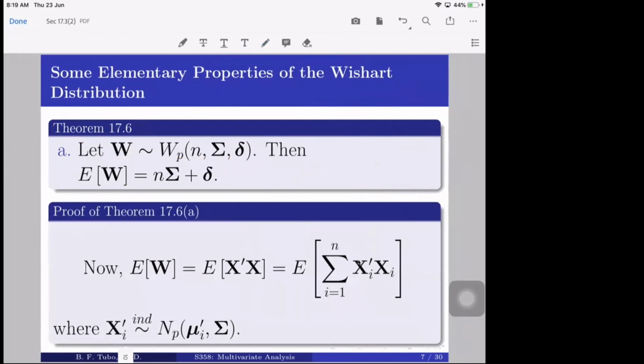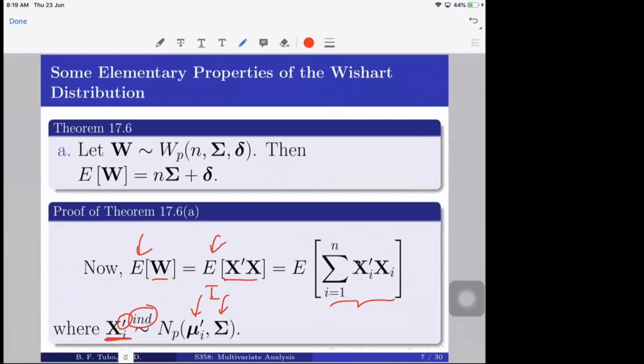Okay, so let's look at the proof. We know that your W is x prime x. You get the expectation of that. And you know that x prime x can be written as the sum of xi prime xi, where each of the xi's here are independent and normally distributed with mean mu I prime, because this is x prime, and variance sigma. There is no I or psi here because each xi is a single row.